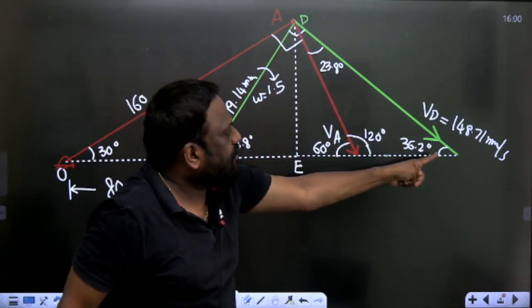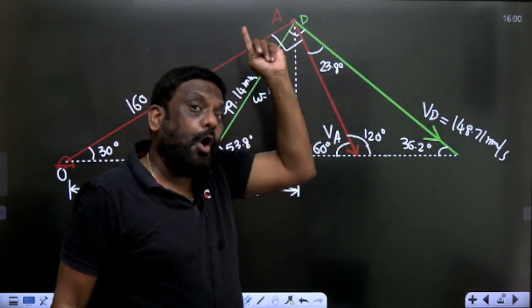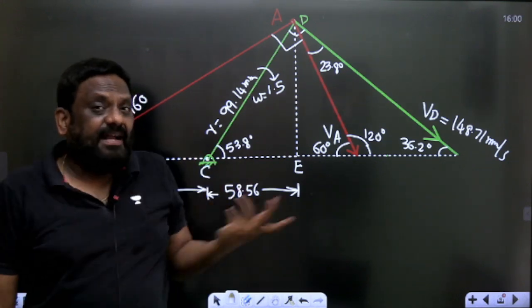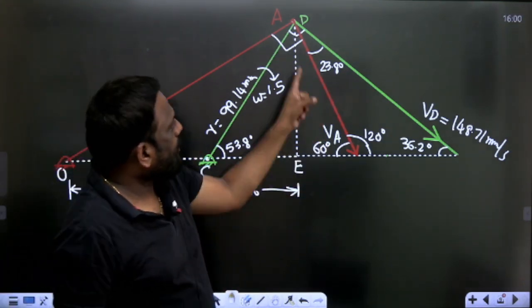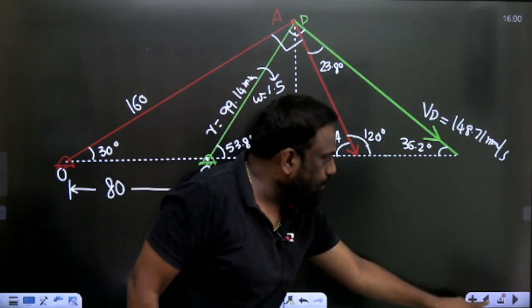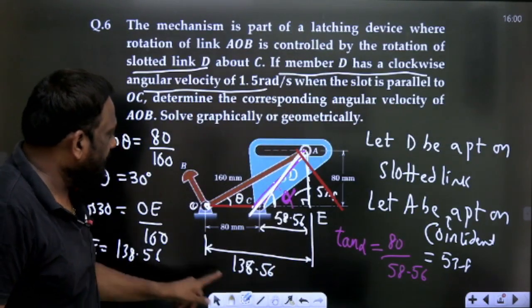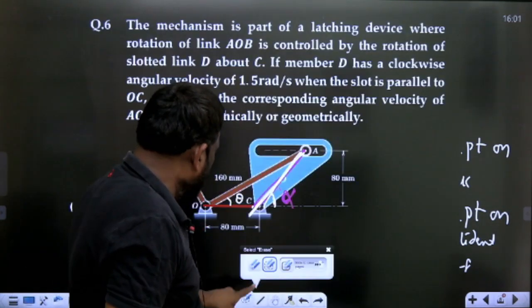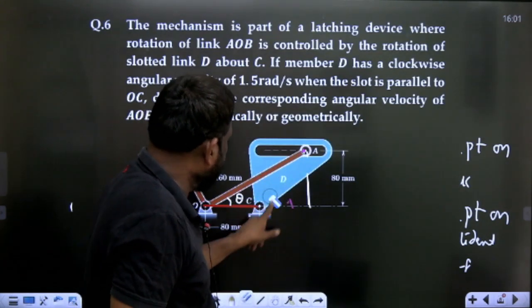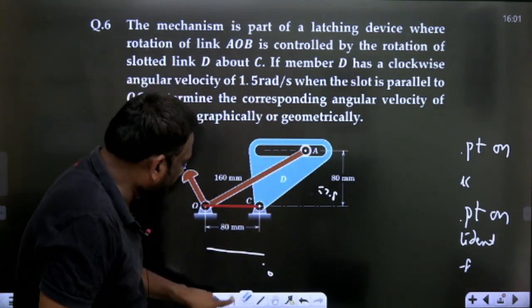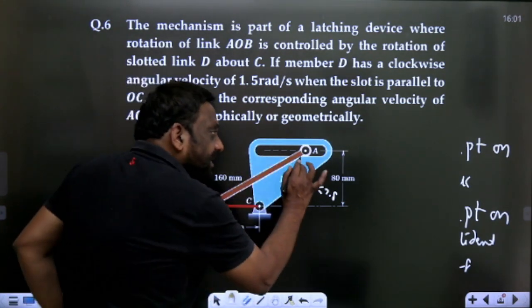This is the absolute velocity of point D, which is on the slotted link। सवाल ना, triangle complete करना है, ये कौन सा होगा सर? ये A का absolute है, ये D का है। And please look at my dear students, now I will tell you everything very clearly. इधर देखो सर, अब देखो point D, D किस पे है?